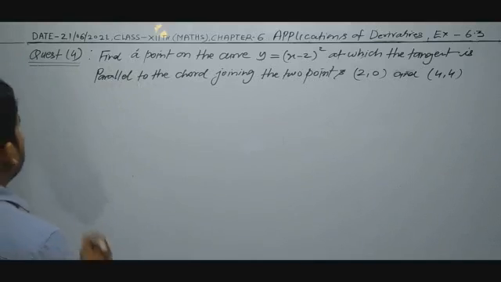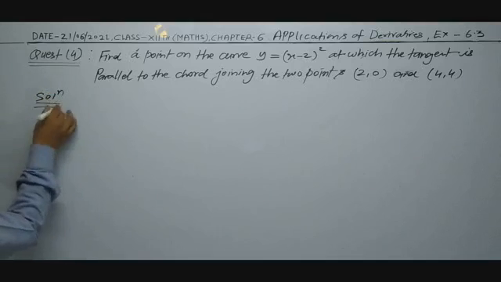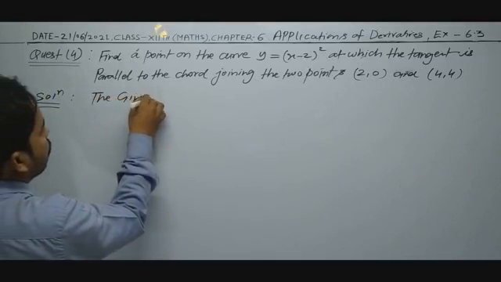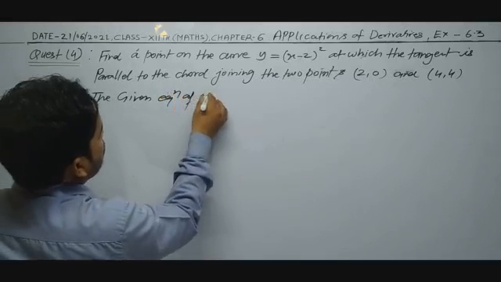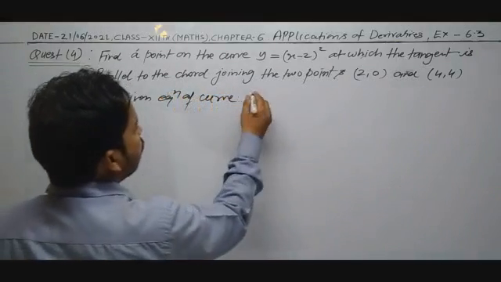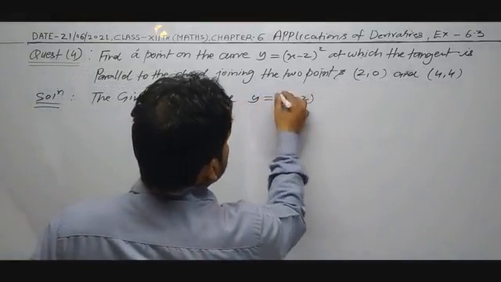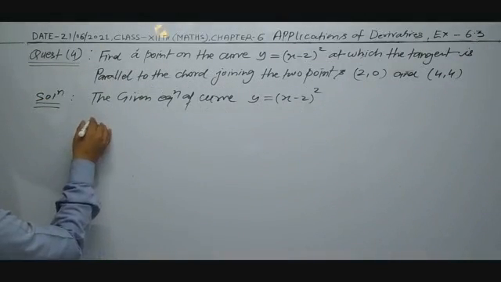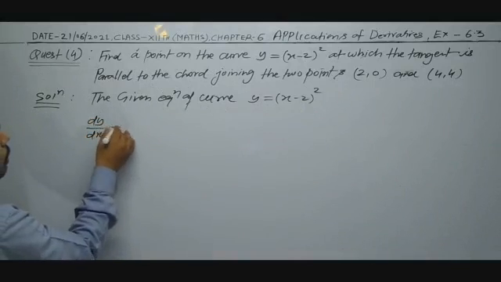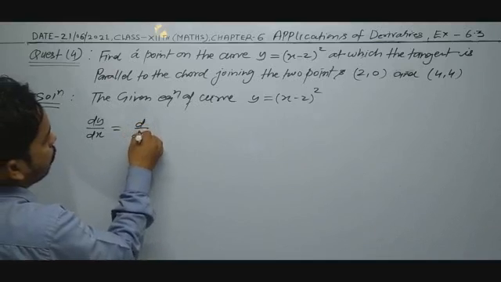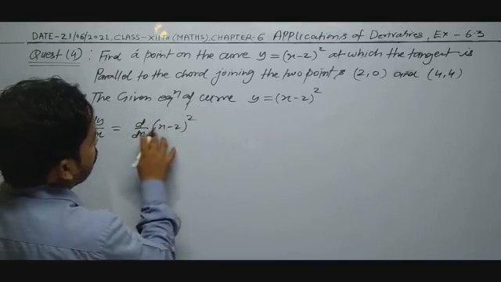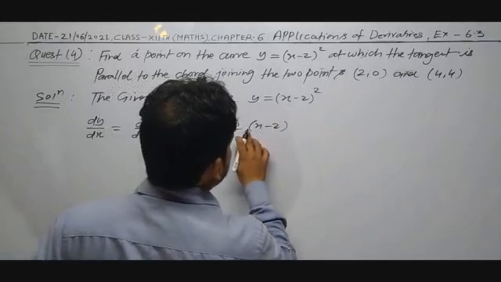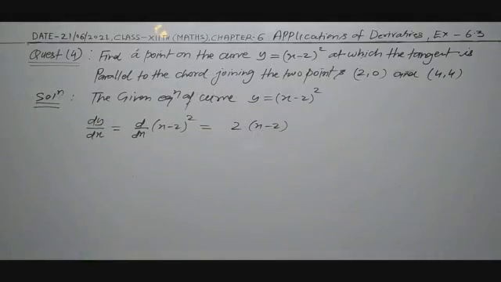So solution: the given equation of the curve is y is equal to x minus 2 whole square, and you differentiate and get the result 2 times x minus 2.